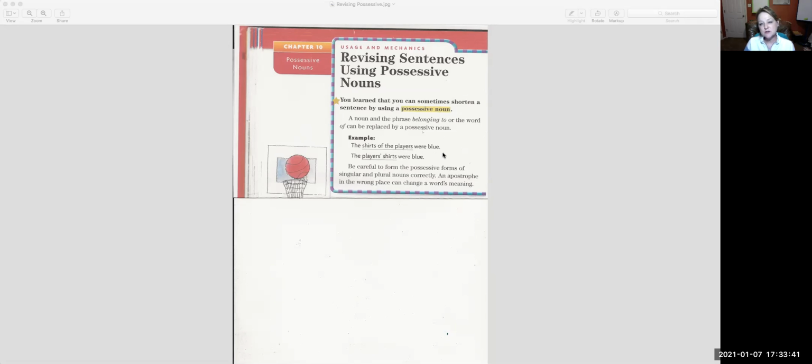So the shirts of the players were blue is kind of wordy. We do not want our sentence to be so wordy, so we are going to shorten it by using possessive nouns. The players' shirts were blue. The apostrophe is after the S because players is plural. The players' shirts were blue.